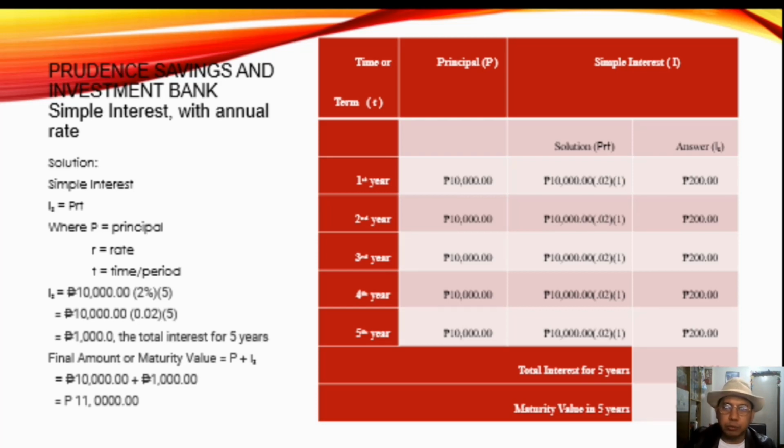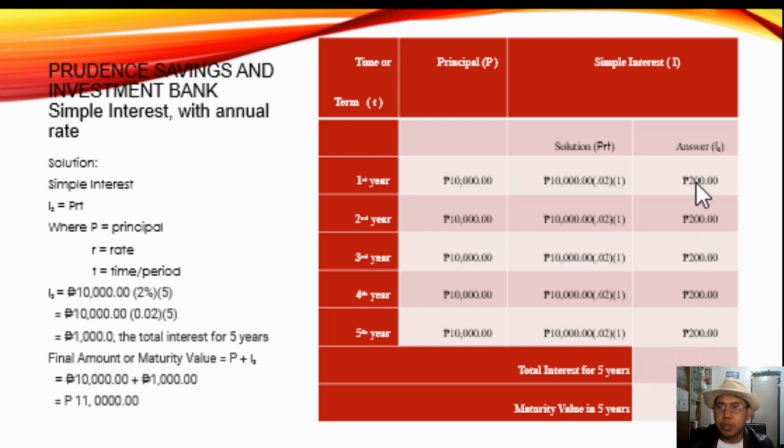Still, it will give you 200. In the third year, the same: 10,000 multiplied by 2% gives you 200. Fourth year, 10,000 multiplied by 2% is equal to 200. In the fifth year, 10,000 multiplied by 2% gives you 200.